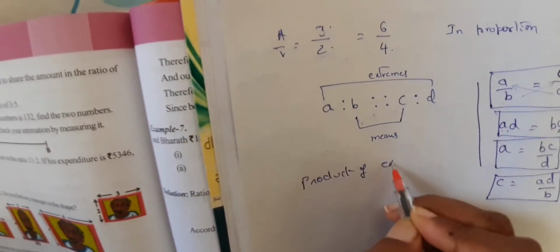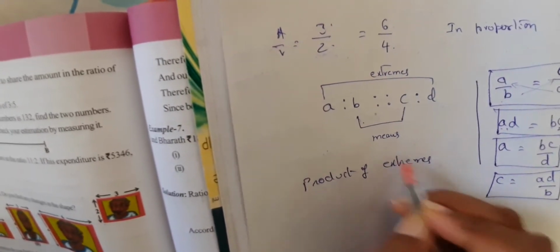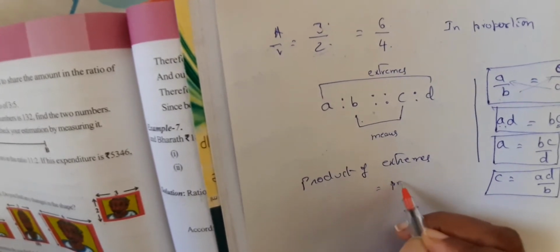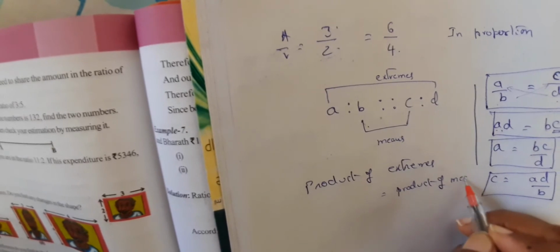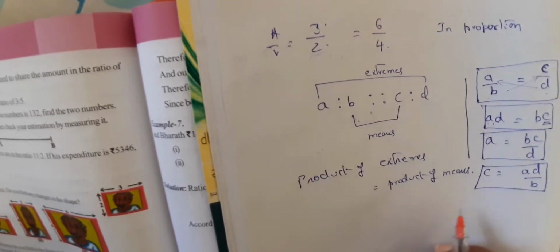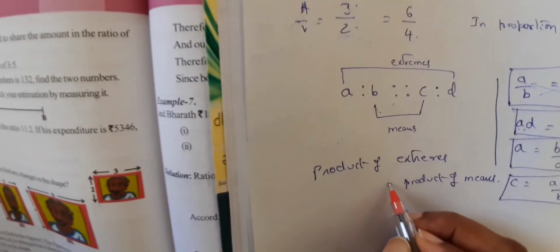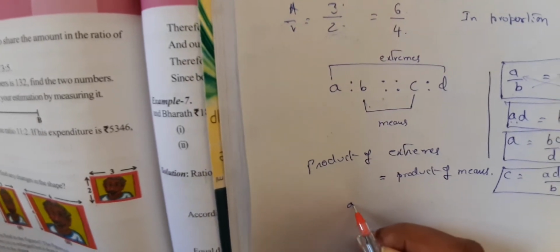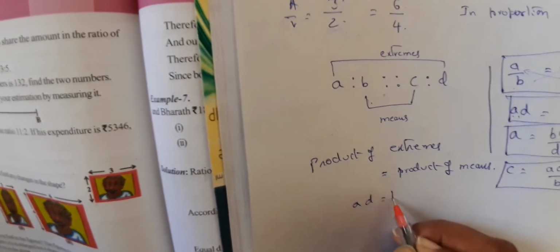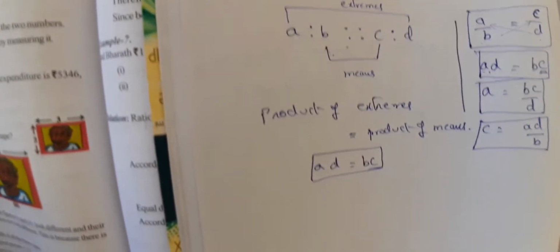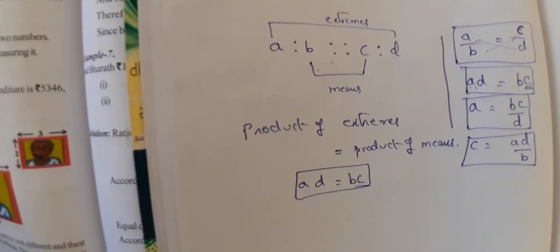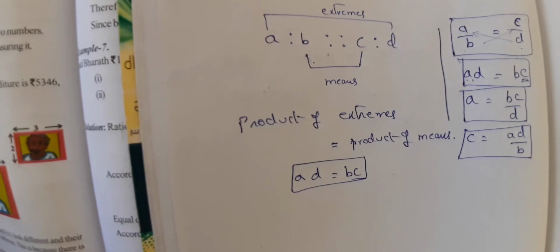Product of extremes is equal to product of means. Right? So this is a very, very important relationship. How do we write it? AD is equal to BC.